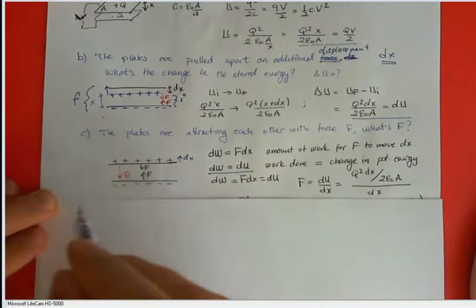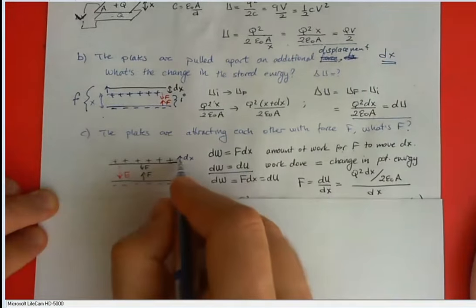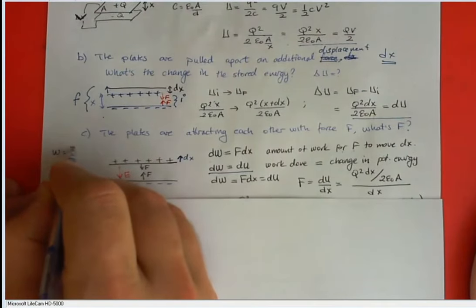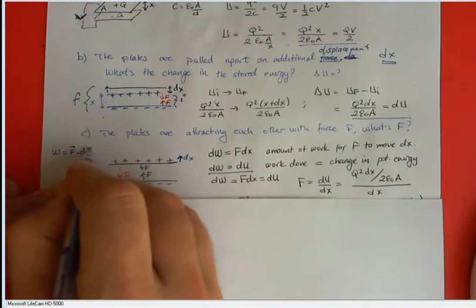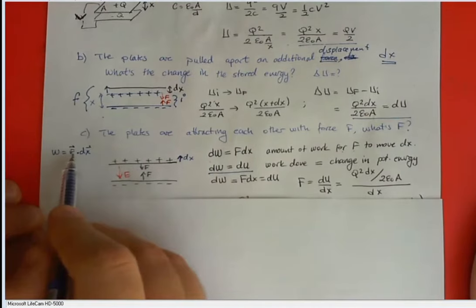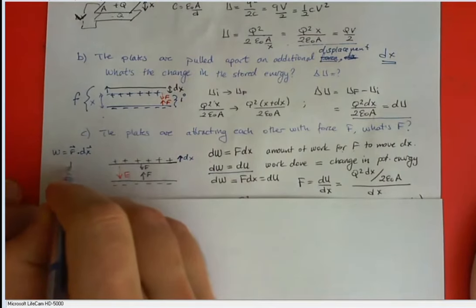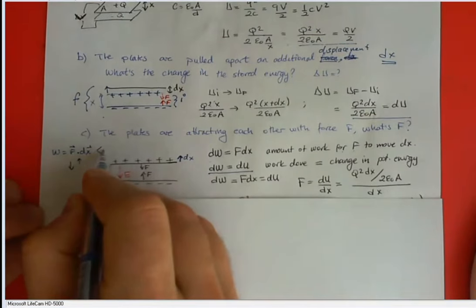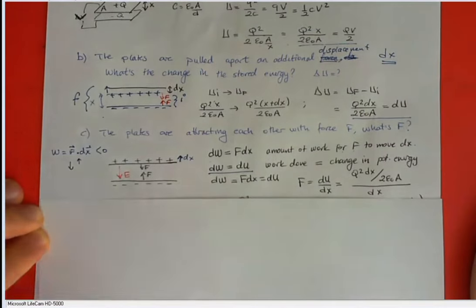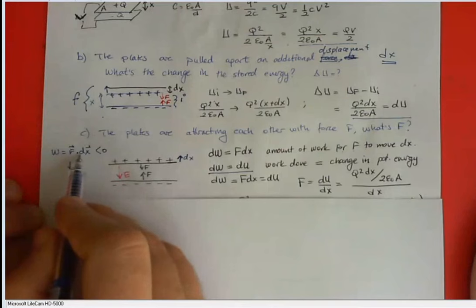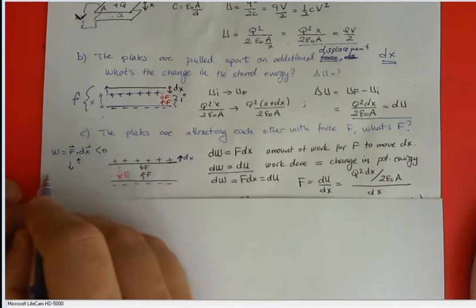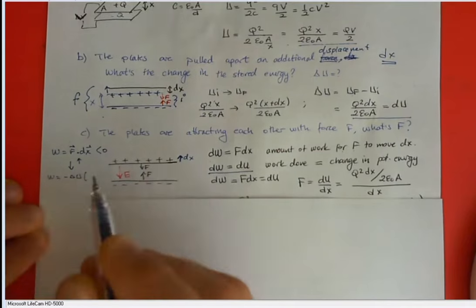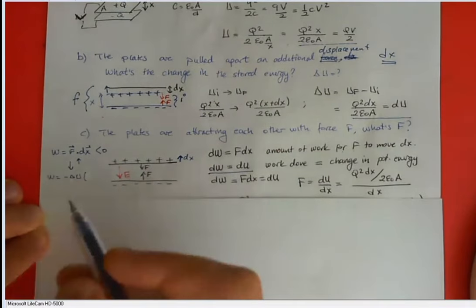Remember, the work is force dot dx. So force is in this direction and dx is in that direction. Basically, this has a negative value, right? So cosine 180. And we know this work is equal to minus delta U. This is a fixed definition.